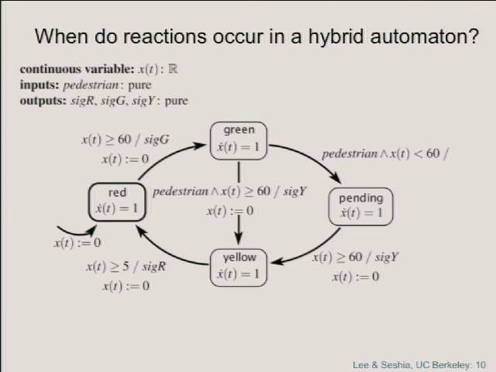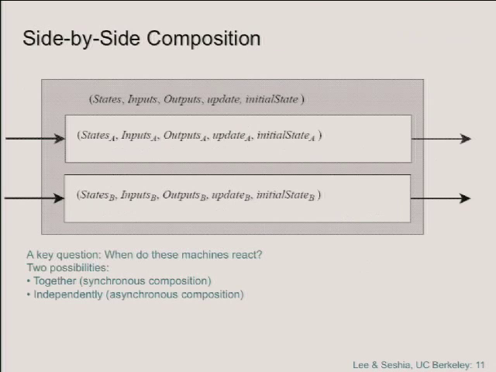For synchronous composition, we have a way of defining exactly what we mean by that, which is to take a composition of two state machines and translate it into a single state machine. This is always the way that we understand the semantics of a composition. We define the semantics of a composition by giving a state machine for the composition.